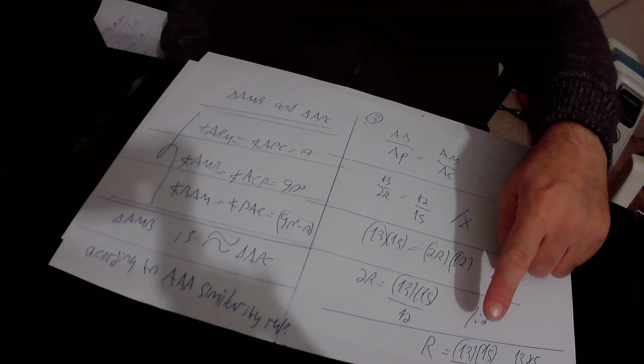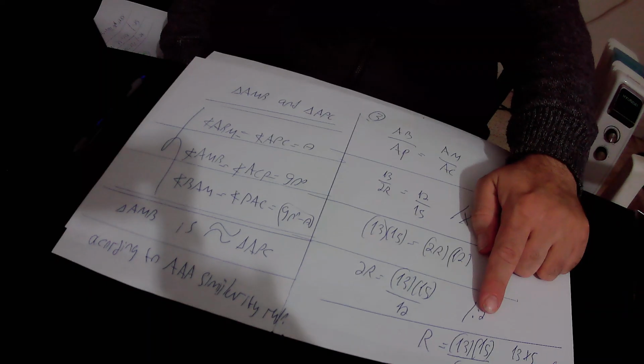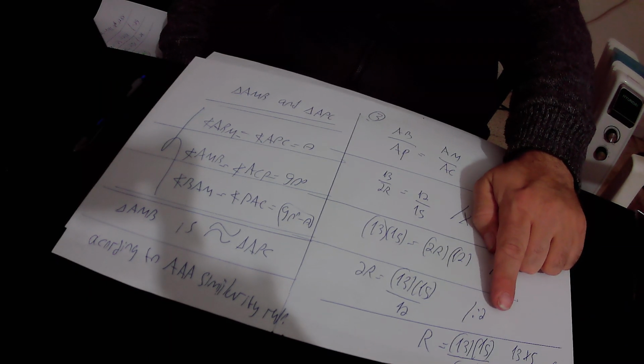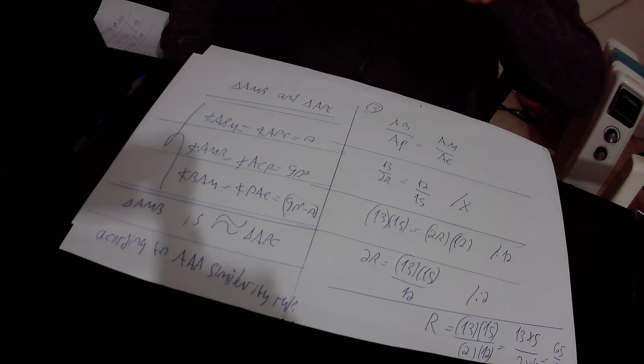Here we divide both the numerator and the denominator of this expression by 3. In the numerator we have 13 times 15, so 13 times 15 over 3, that is 5. So after we divide the numerator by 3, we are left with 13 times 5 over 2 times 12.